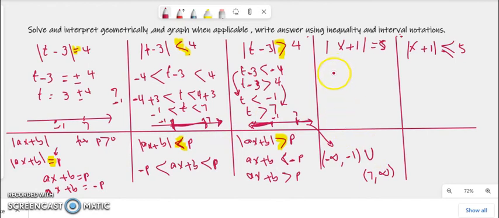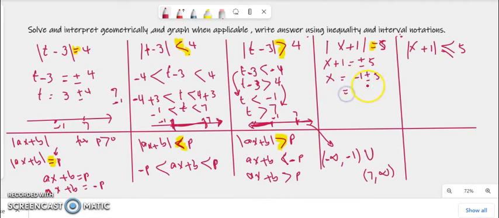Alright, how about this one? The absolute value of x plus 1 equals 5. That one is the same as the first one. So we say x plus 1 equals plus or minus 5. So we must subtract 1 from both sides. X equals negative 1 plus or minus 5.